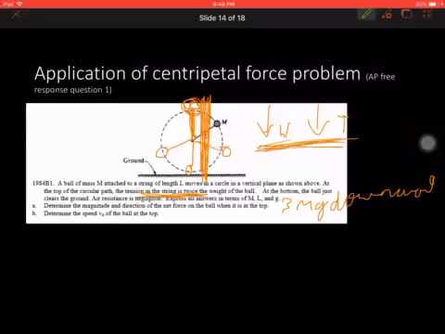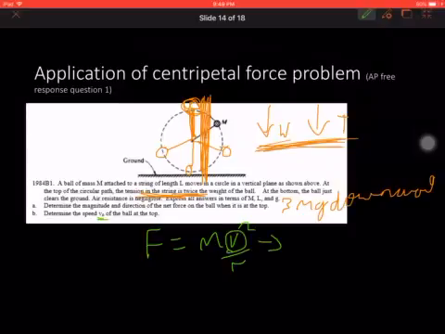Actually, no, we don't need a kinematics equation for this. We know that F equals m v squared over r, and they want v initial.